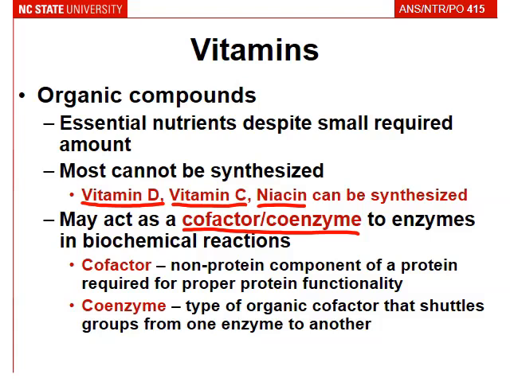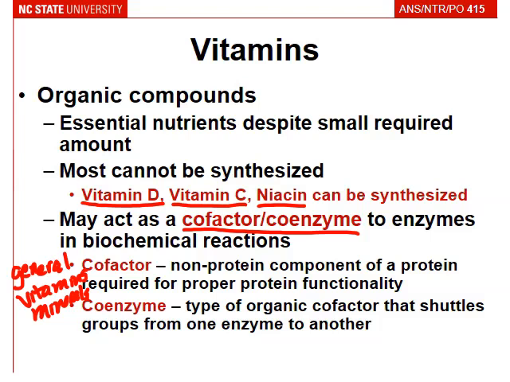So this cofactor is more general. It is a more general term, and it can include vitamins and minerals. And the majority of our vitamins are acting in, or our minerals are acting in a cofactor function.